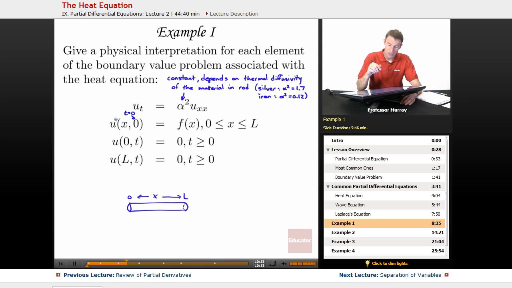What that really tells you is the distribution of heat in the rod when we begin the experiment. That's something that a physicist or a scientist would have to go and measure physically before starting the experiment. So that's the initial temperature of the rod.